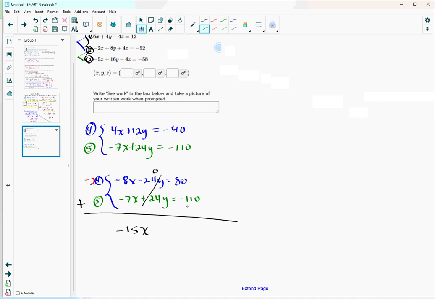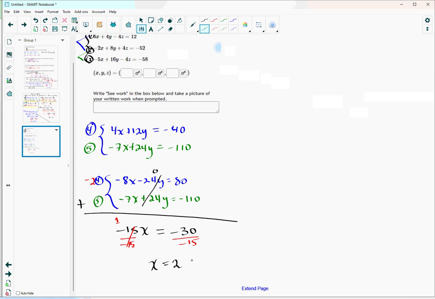The 80 and the -110 becomes -30. Now I can easily solve for x by dividing -15 on both sides. And the -15 divided by -15 becomes 1. 1 times x is just x. And then -30 divided by -15 gives positive 2.